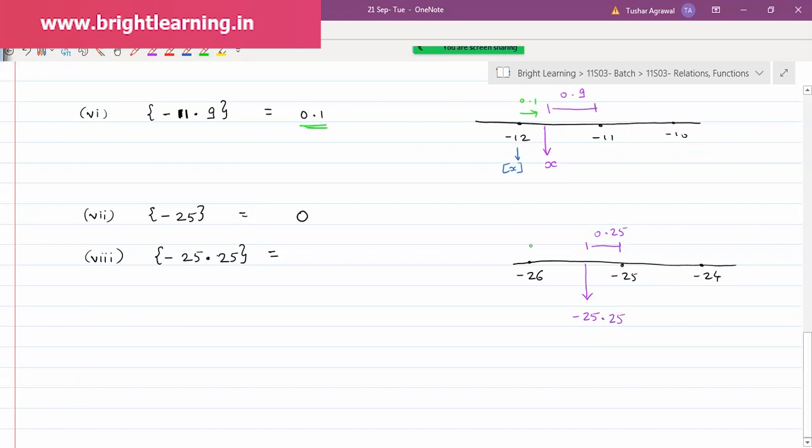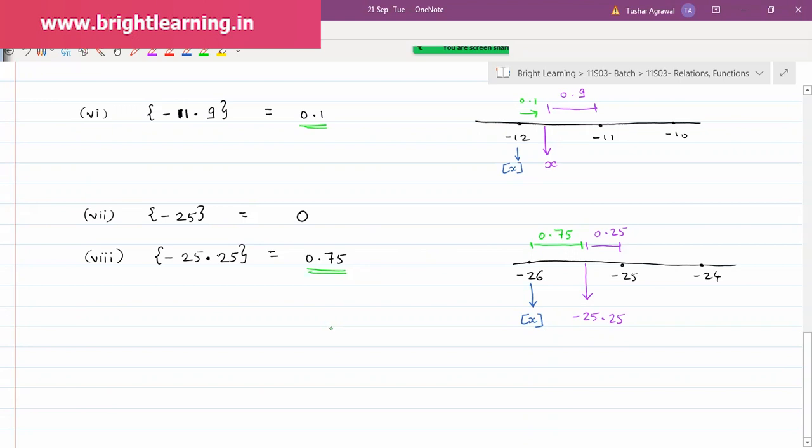Between two consecutive integers, the total distance is 1. So the remaining distance will be 0.75. Because negative 26 is my step x, it is step x plus 0.75. To the right side I have to go 0.75. This will be the answer. Clear, everyone? Yes, sir. Okay.